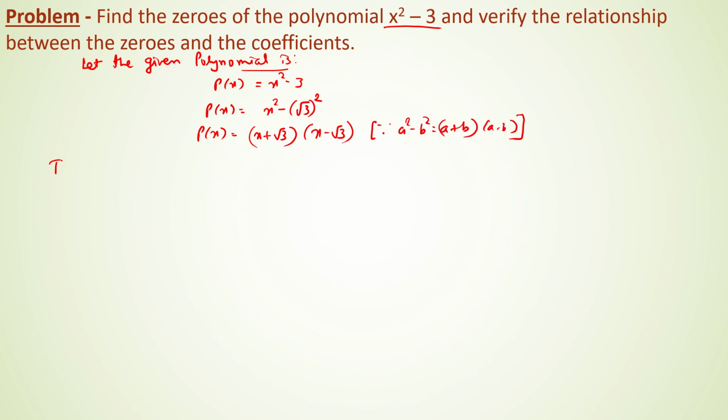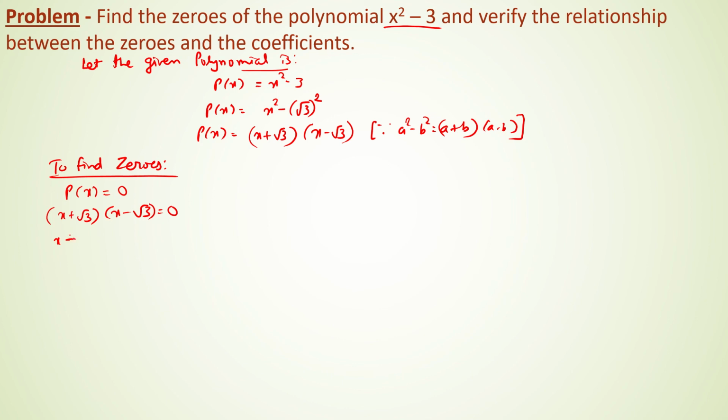Now we have to find zeros. So to find zeros, we will put p(x) equals 0. That means x plus root 3 into x minus root 3 equals 0.